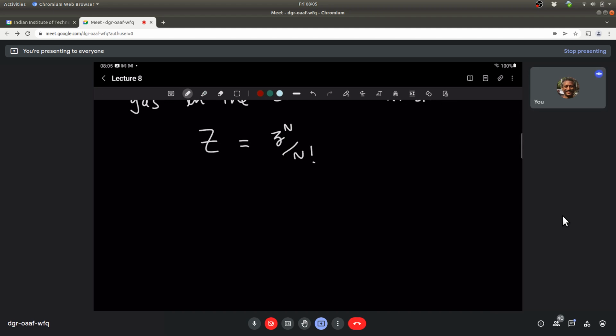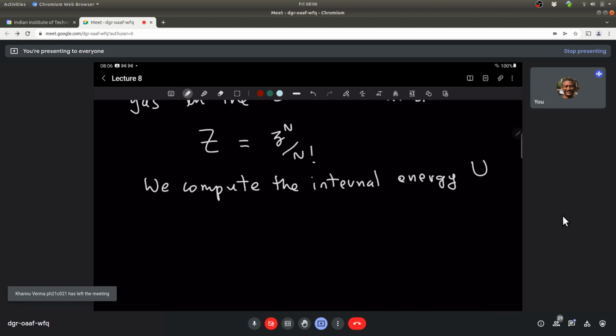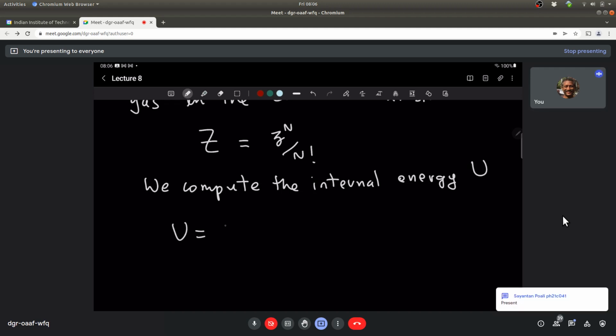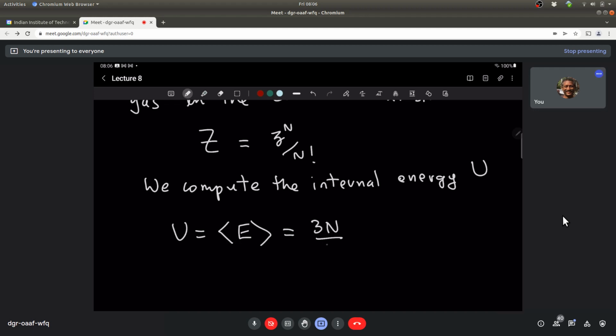So we used this and we computed the internal energy U. I use the symbol U here because that's what is used in thermodynamics. But for us, it is just the expectation value of E, and this turned out to be 3N by 2 k_B T.